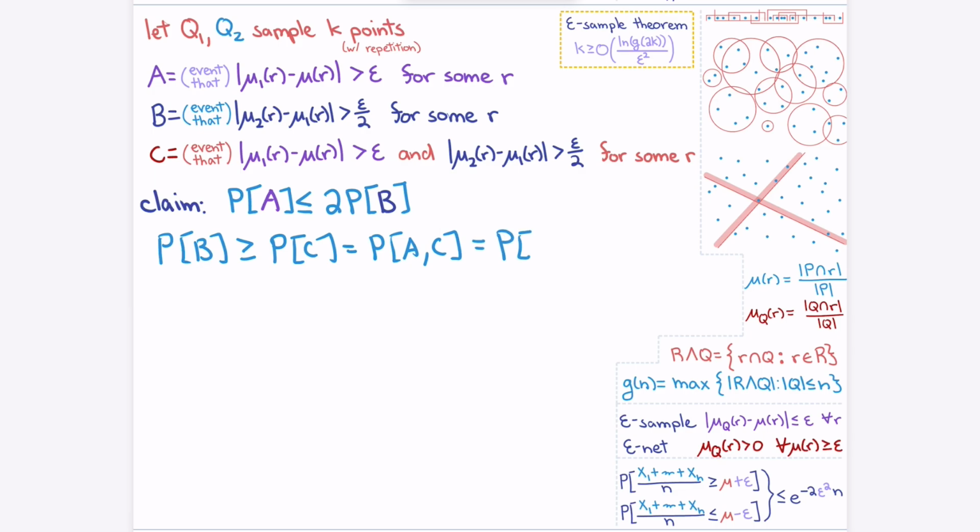And we can write this as the probability of C given A times the probability of event A. Somehow this seems subtle.